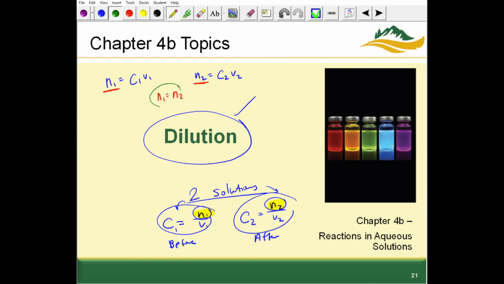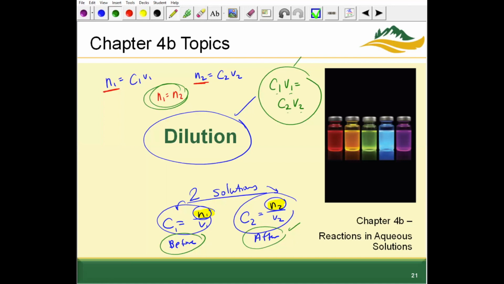With this equality, that makes C1V1 equal to C2V2, where these ones denote the concentration and volume before dilution, and these twos denote the concentration and volume after dilution. Okay, so C1V1 equals C2V2 because the number of moles before and after dilution are the same.